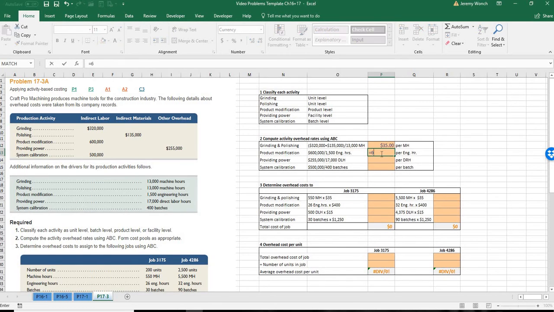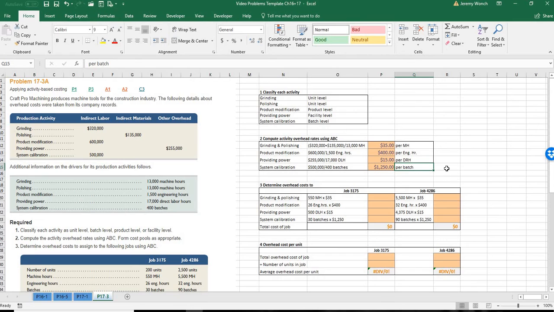Product modification, there's 600,000 divided by engineering hours. Providing power was 255,000 divided by our total direct labor hours, 17,000, so we have $15 per direct labor hour. And system calibration, 500,000 divided by 400 batches, so 1,250.